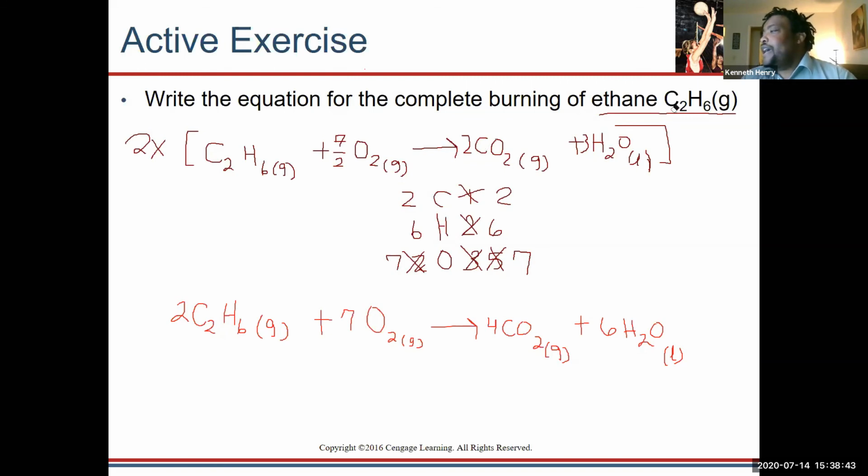So let's assume that instead of ethane, we have butane. Butane works, C4H10.